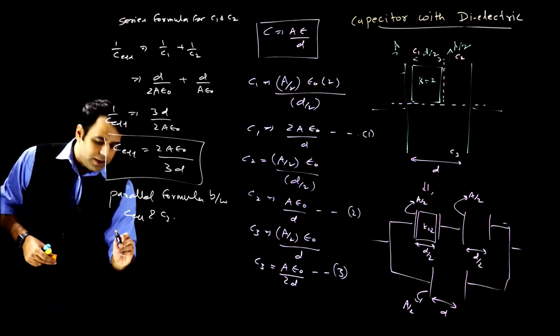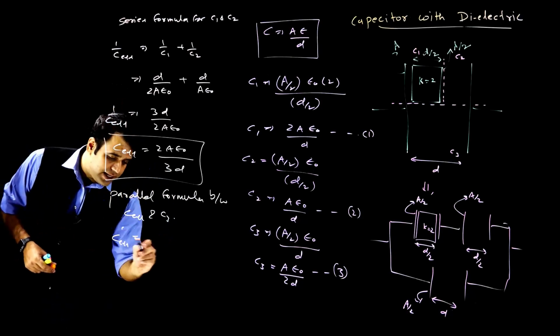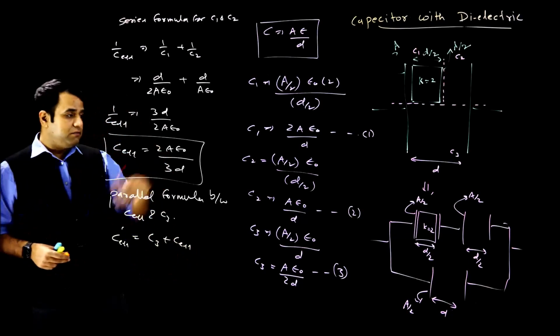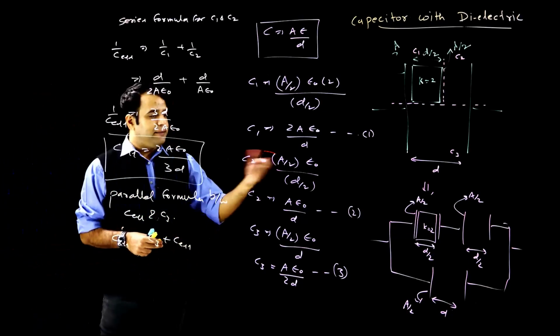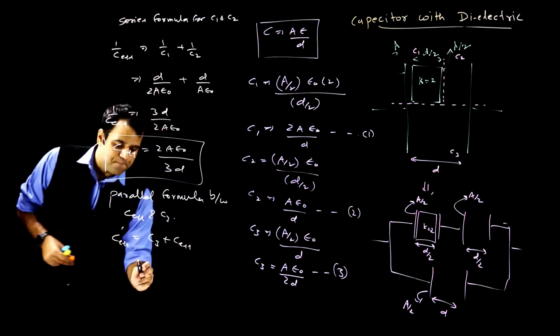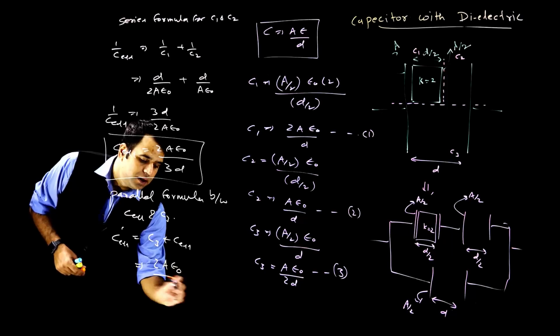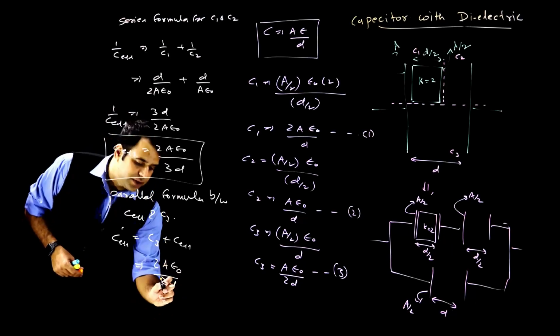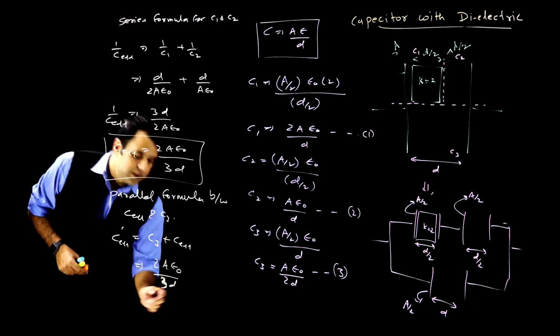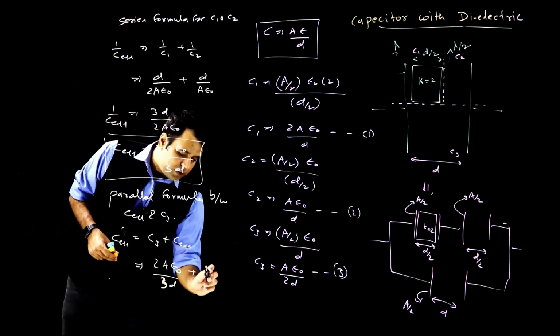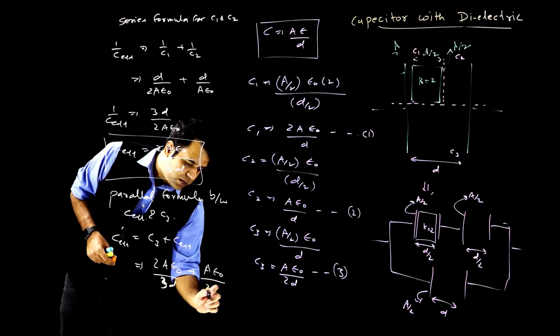And the parallel formula is C effective dash equals C3 plus C effective, the capacitance of 1 plus 2 and the capacitance of the third. So we'll write the values: it is 2A epsilon naught upon 3d, which is the C effective of 1 plus 2, plus the third one, which is A epsilon naught upon 2d.